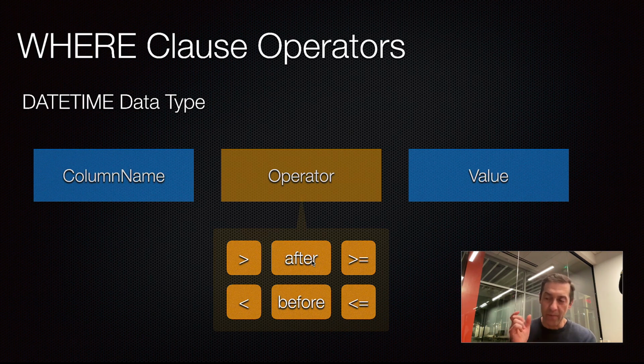So you can say, let's say date of birth column after, and you specify date, or timestamp as the value. Less than is going to be the same thing as before, and in this case you can get all the records where the specific datetime column value is before a specific value that you identify.